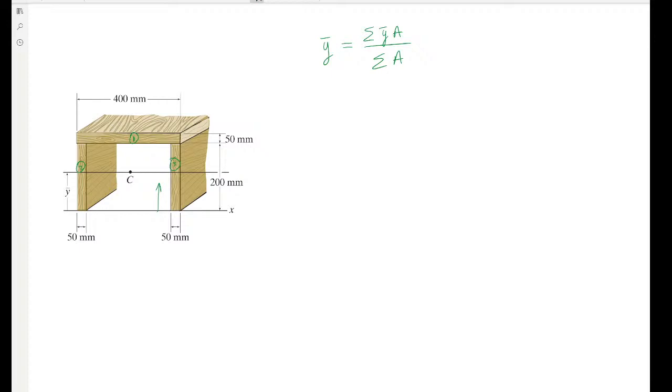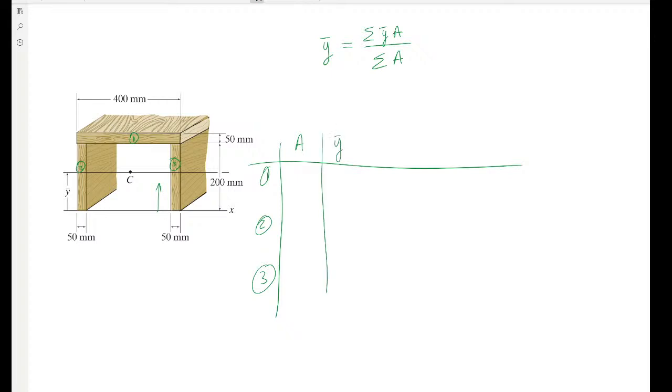So, here we go. Let's take this thing and start our Excel table. Here's our 1, here's our 2, here's our 3. And we really don't need this. Maybe I better move these over.